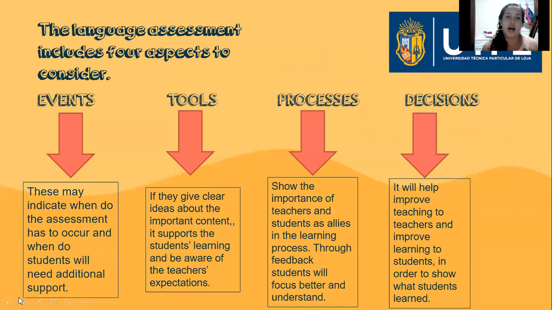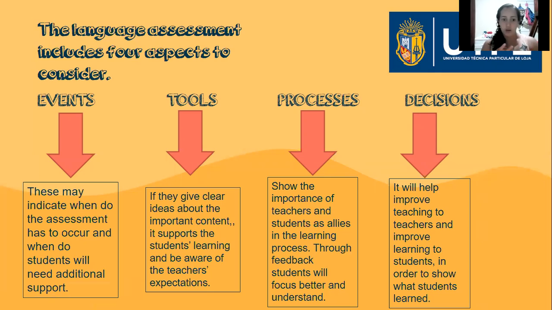I have researched a little bit, and according to this research, I found that language assessment includes 4 aspects to consider. First, the events. The events may indicate when the assessment has to occur.